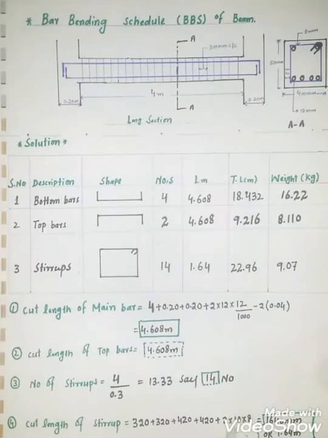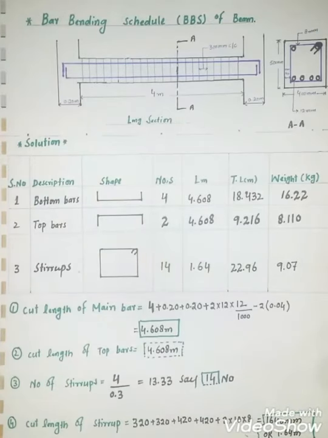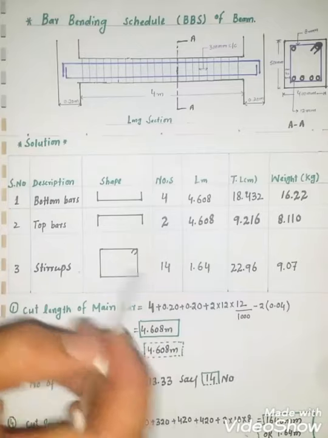Multiply by 10. This is the value of the formula. Multiply by 8. This is the dia of the stirrups. Cut length of stirrups is equal to 1640 millimeter or 1.64 meter.